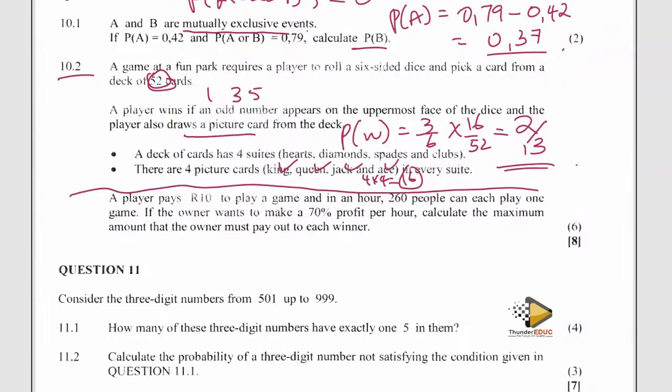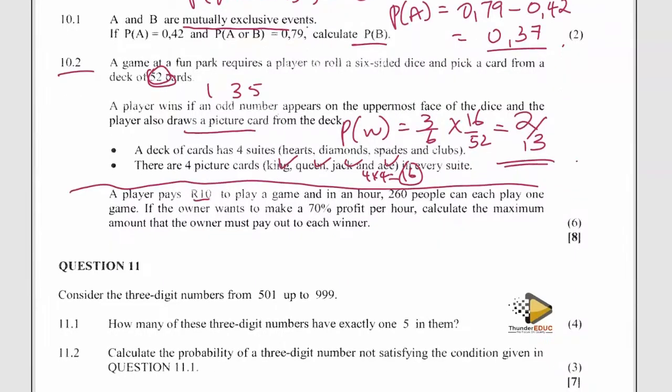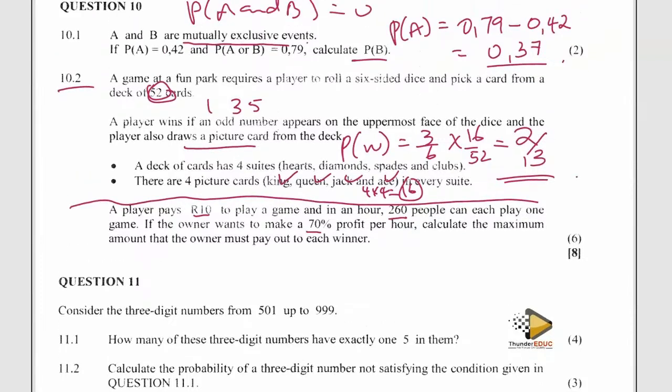Then they're telling us that a player pays 10 rands to play the game, and in an hour, 260 people can each play. If the owner wants 70% profit, I get the maximum amount that the owner must pay out to each winner. So it's more like a lottery, whereby if people win, they must share the amount that was won.